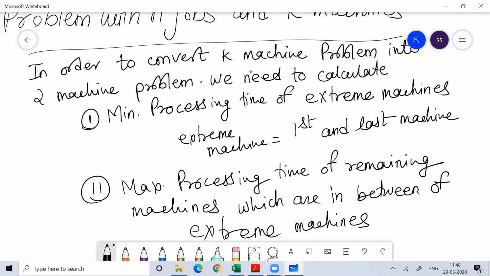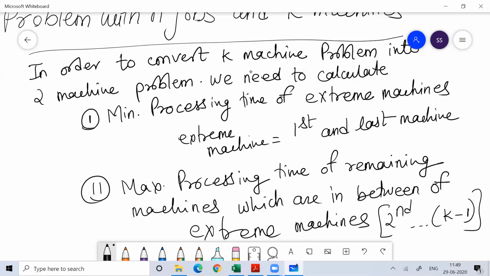The remaining machines are the second machine to the k minus one machine, if there are a total of k machines. So from the second machine to the k minus one machine, you will find the maximum processing time, while for the first machine and the k machine, the last machine, you will find the minimum processing time.